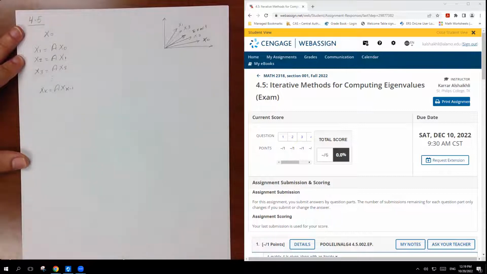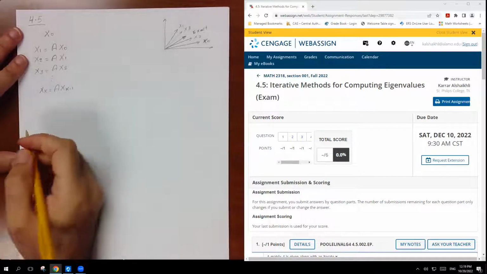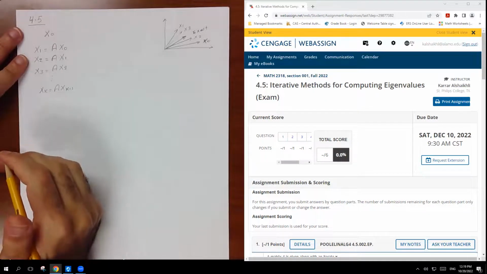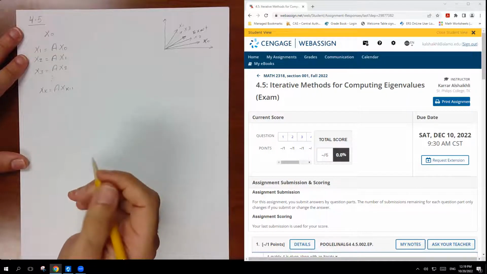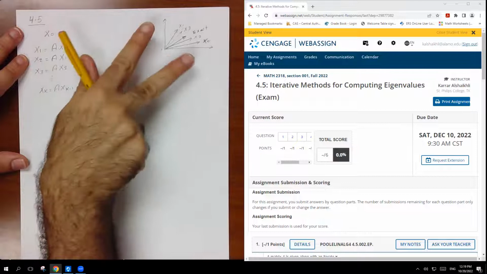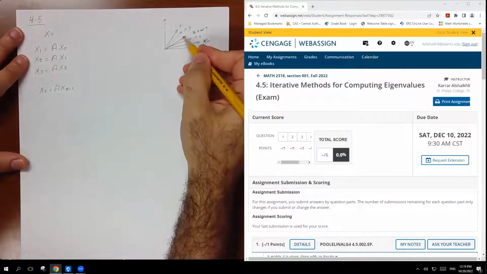And to find the approximate eigenvalue, we're going to say the dominant eigenvector of A. That means we're going to approach the dominant eigenvector here.